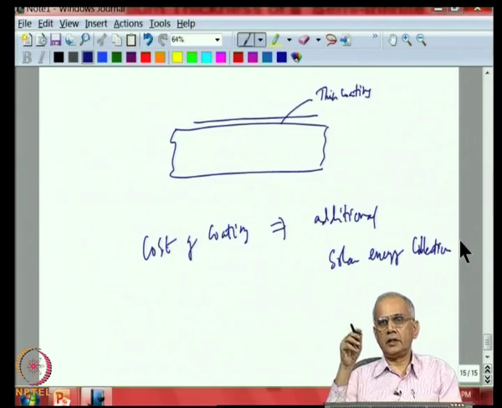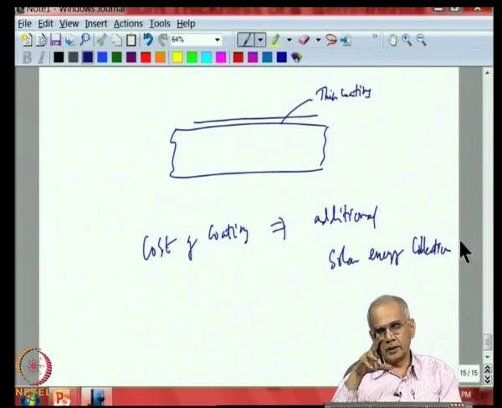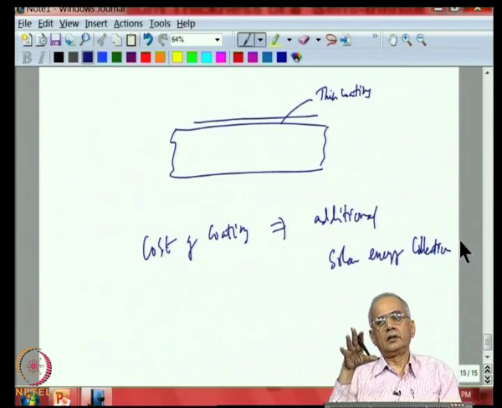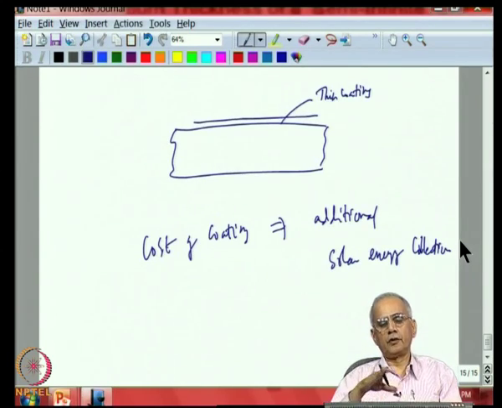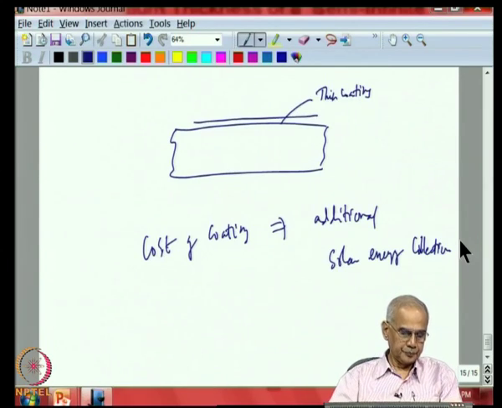So, if we can demonstrate that by using this coating you are increasing the solar energy absorbed by the collector by 5-10%, then you can easily estimate the payback period for the coating that you are using.